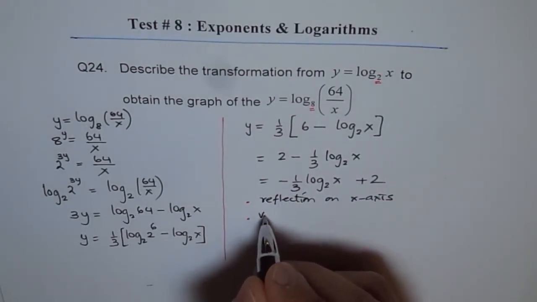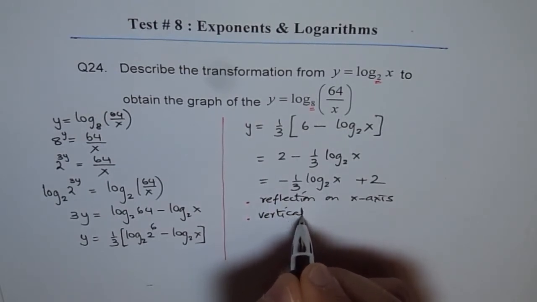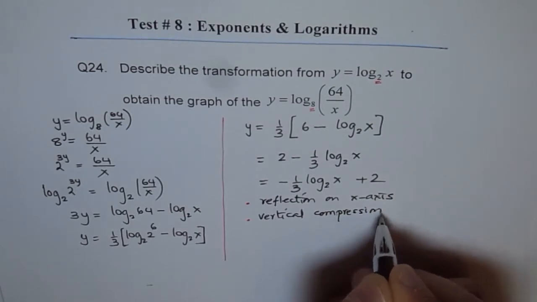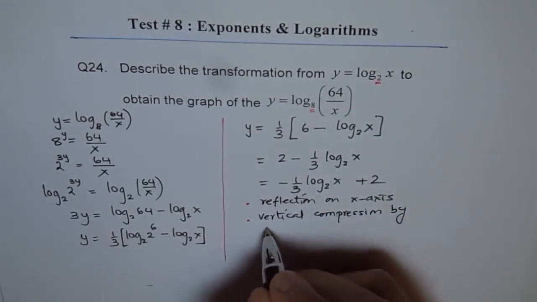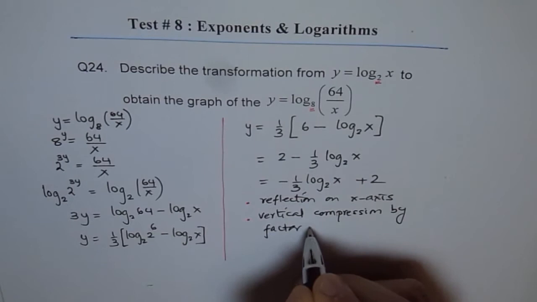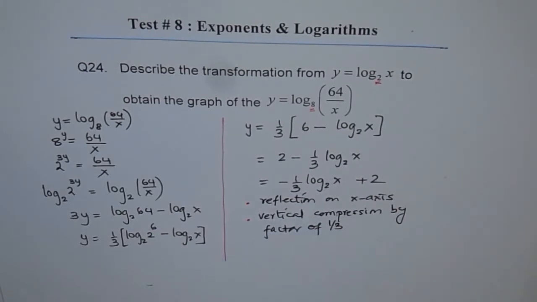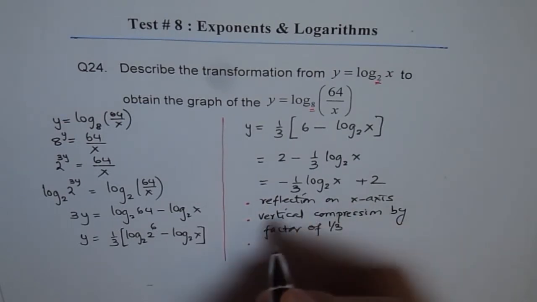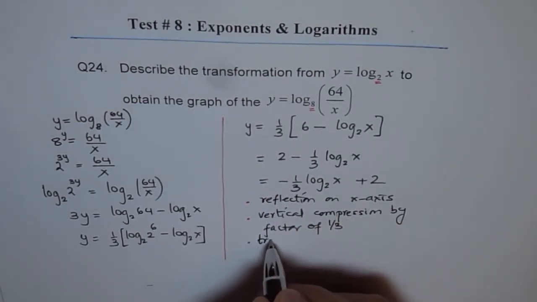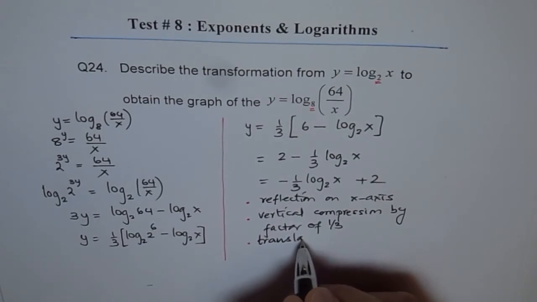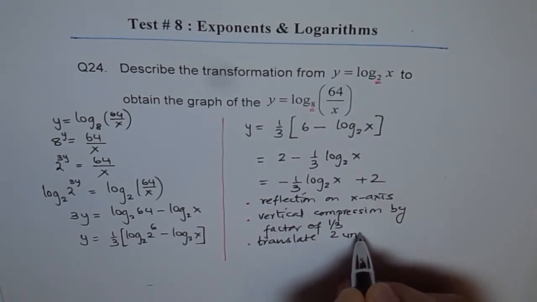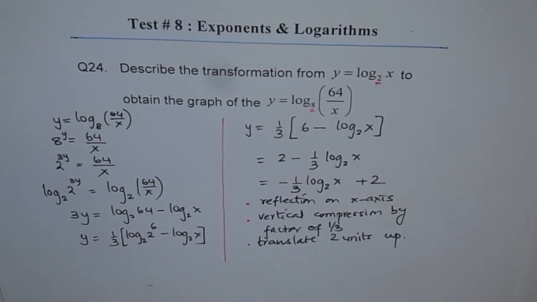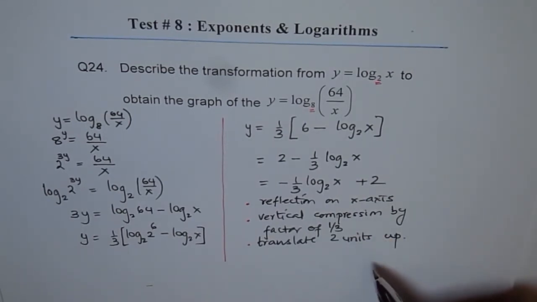And then we have vertical compression by a factor of 1/3, and lastly a vertical translation 2 units up, right? So these are the transformations of our function.